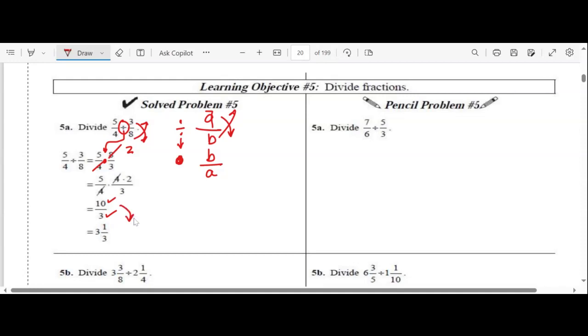Okay, can I convert this to a mixed number? So long division, right? 3 goes into 10 how many times? Three. 3 times 3? And then you do what? Subtract. What do you get? 1. And what's the remaining? 1 over 3. So that's your final answer. Easy?